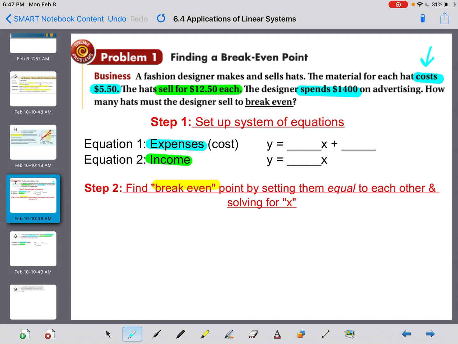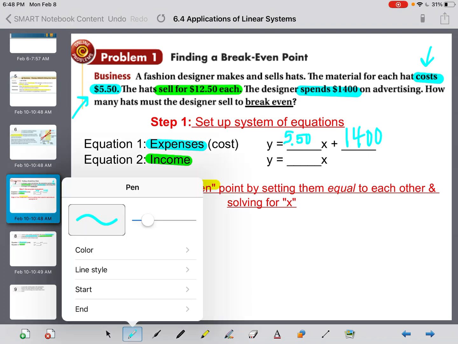They had to spend $1,400 on advertising. That was a one-time cost, so we're putting that here. That's like our y-intercept. But then for every hat that they make, they have to pay $5.50 for the material. So that is like our slope. It's changing by $5.50 each time they make a hat. So our expense equation is y equals 5.50x plus 1,400.